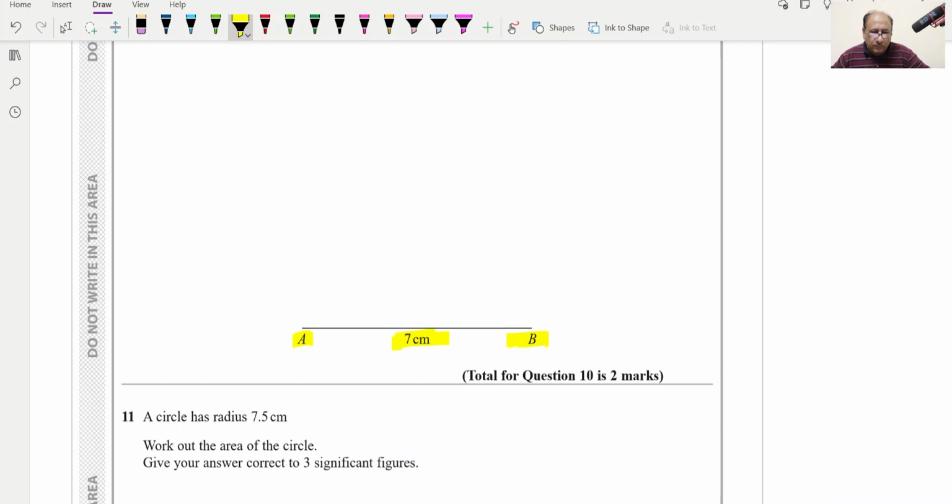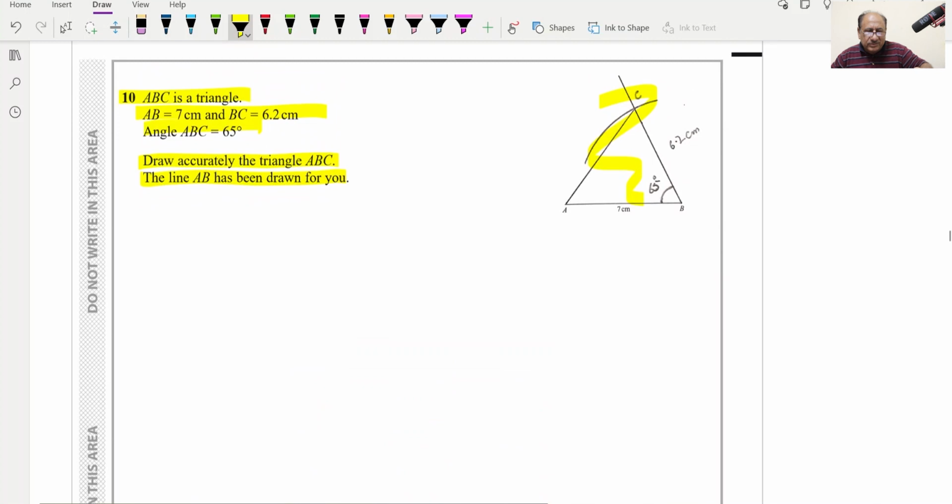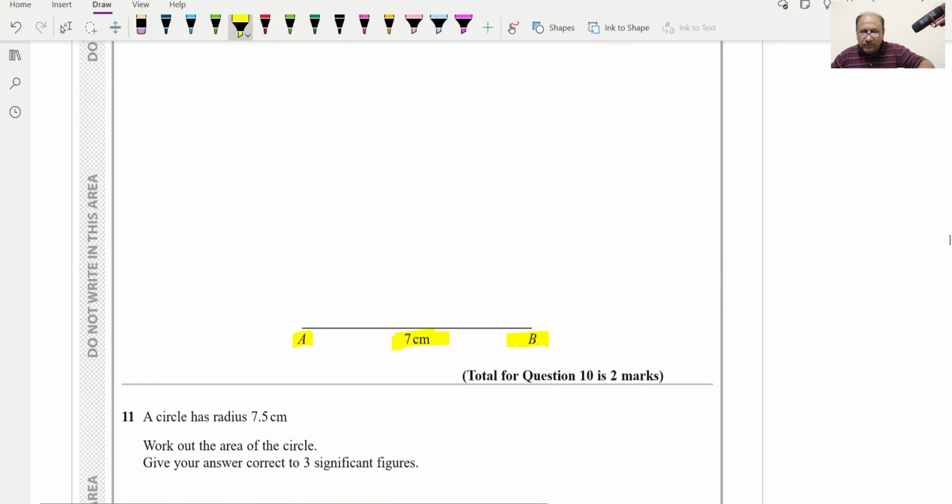Now we have to draw first of all the 65-degree angle, and what we will do, we will keep the protractor over here, and we are requiring an angle, and that angle required is 65.